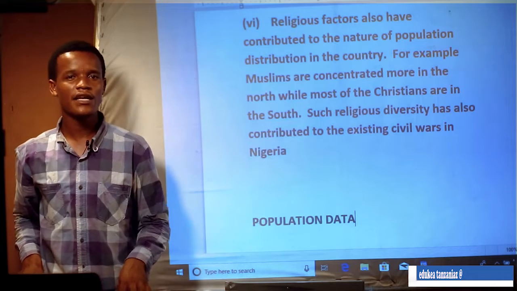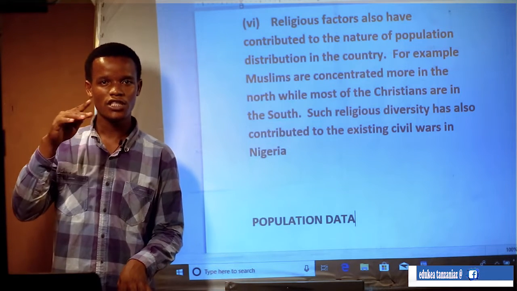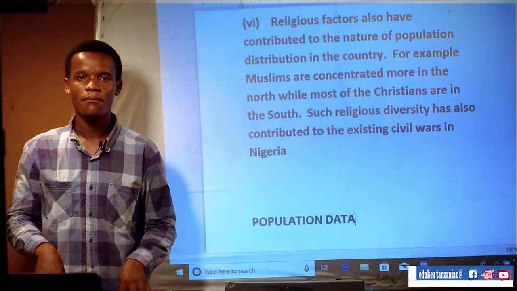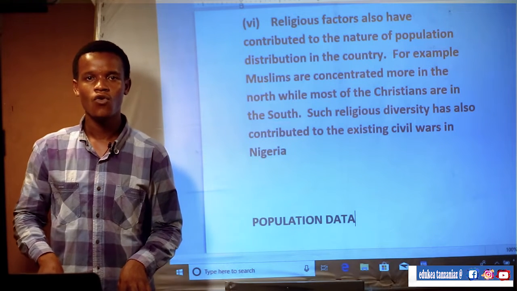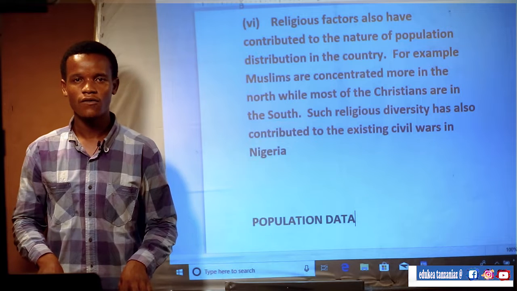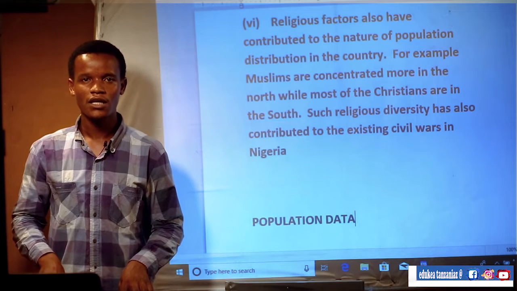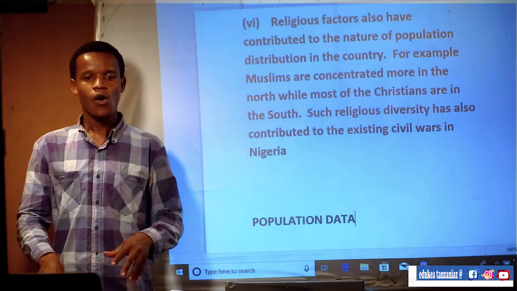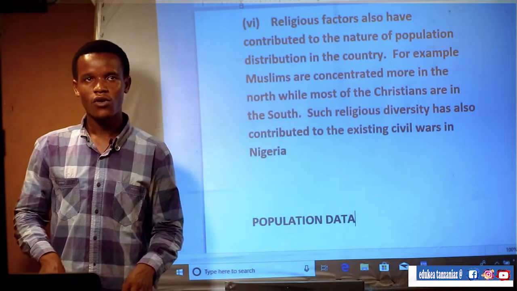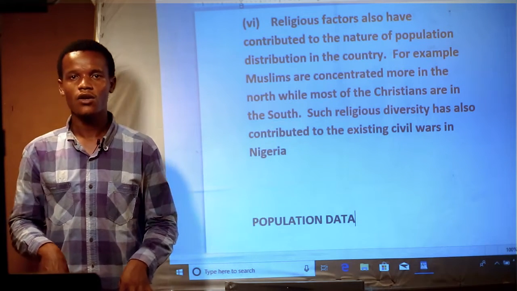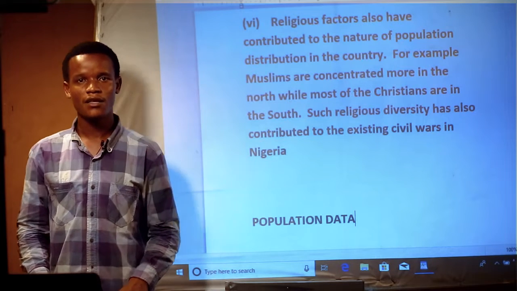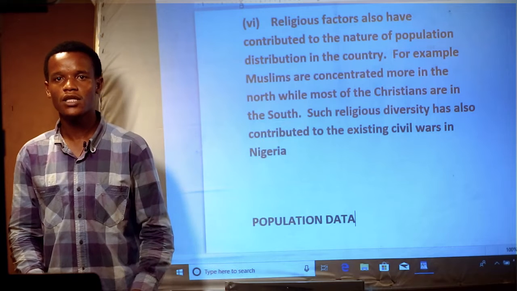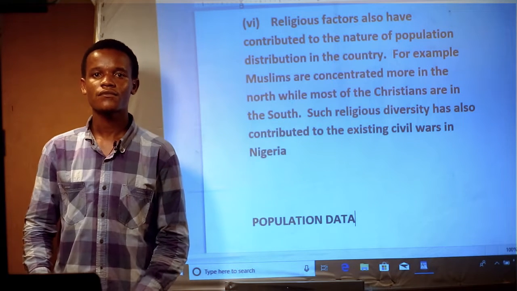As we see, most of the northern part of Nigeria is covered by Muslims, while the southern part of Nigeria is covered by Christians. This separation tends to make one place have a high population, while the other place has a low population. So religion is among the factors that lead to the uneven population distribution in Nigeria.